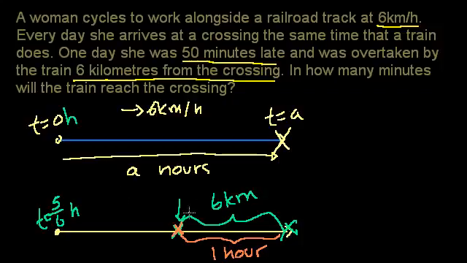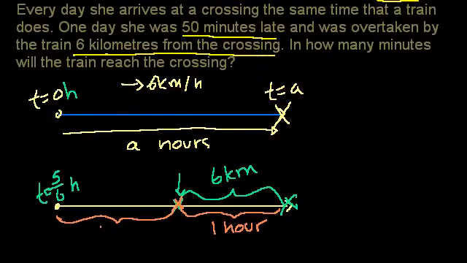So if her whole route takes her a hours, then this distance right here is going to have to take her what? She has an hour left. Her whole trip is going to be a hours, so this is going to be a minus 1 hours. Let me scroll down a little bit.